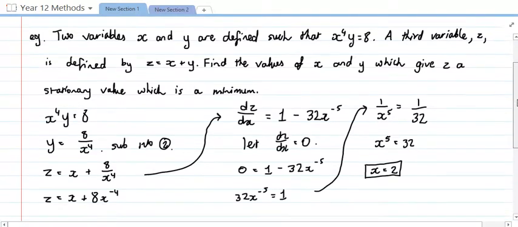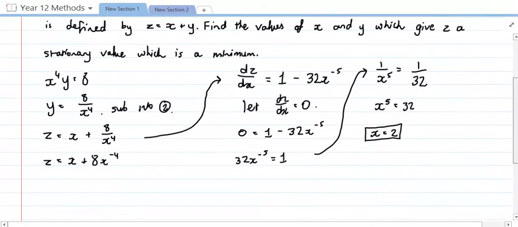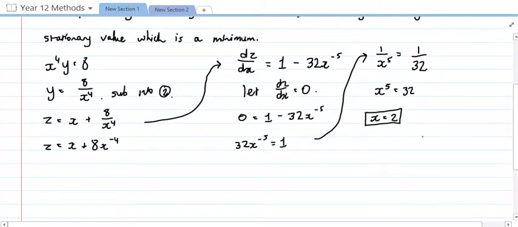Now we also need to get the y value, which makes z a minimum. So to get the y value, I'm just going to sub that into one of the equations. I'm going to sub it into the first one, which, well, I'm going to use the rearranged version of it.